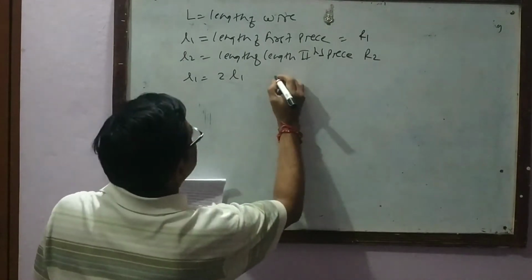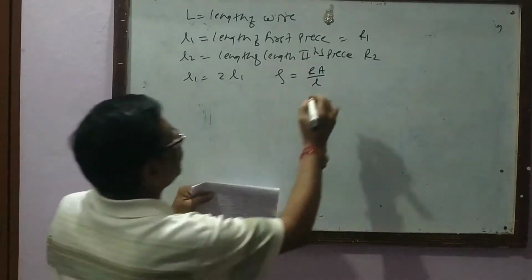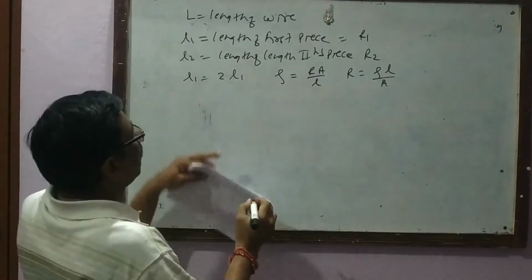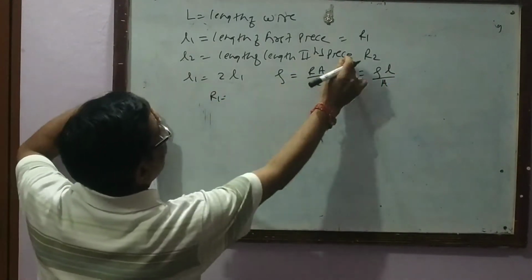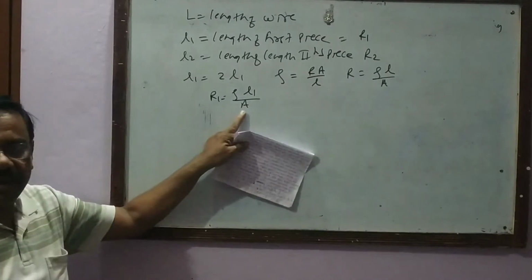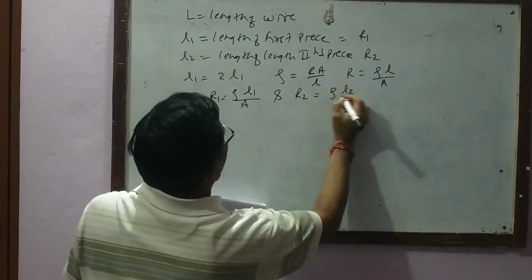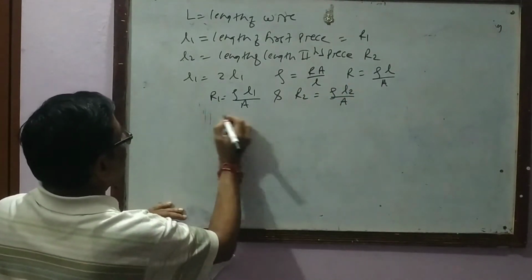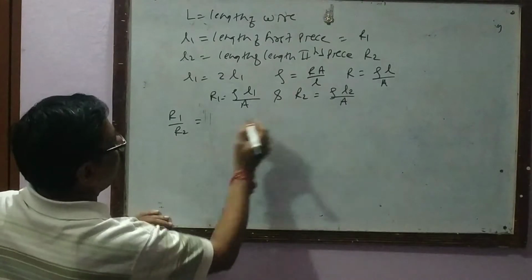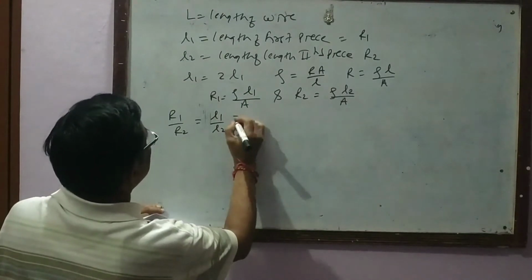Hence the specific resistance of the wire rho is equal to RA upon L, and therefore the resistance R is equal to rho L upon A. Therefore R1 is equal to rho L1 upon A. Since the wire is the same, it has the same area of cross section, and the resistance of the second piece is rho L2 upon A. From these equations, R1 upon R2 is equal to L1 upon L2, as rho and A get cancelled.